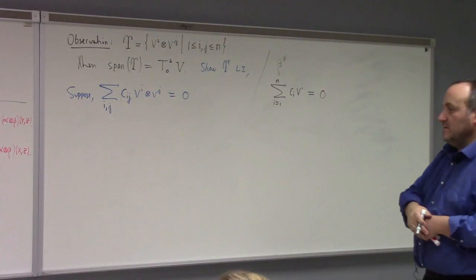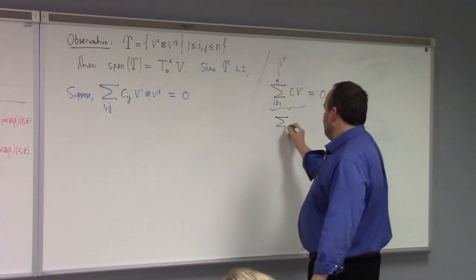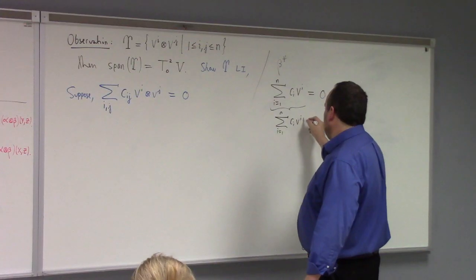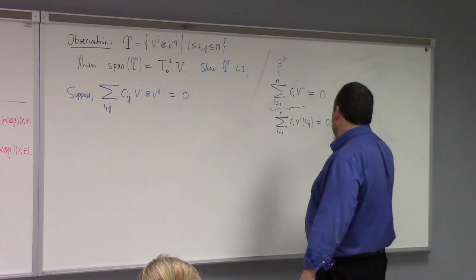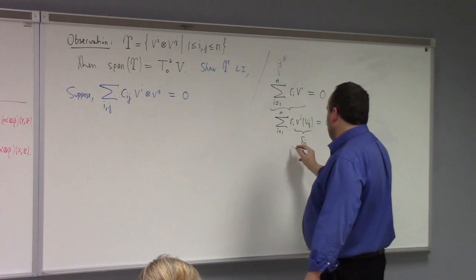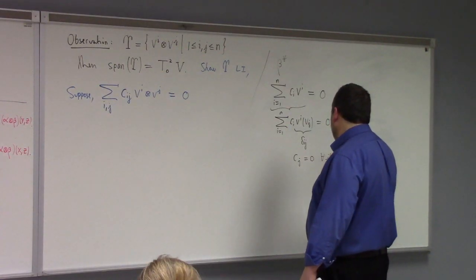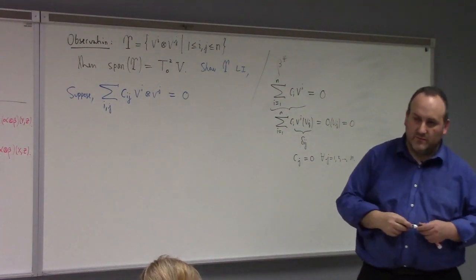Last class, we said, oh, well, we just act on V_j. This is the zero operator, so when it acts on V_j, you just get 0. This gave us the Kronecker delta, which then gave us that C_j was equal to 0 for all j. That's the proof of linear independence of the dual basis.